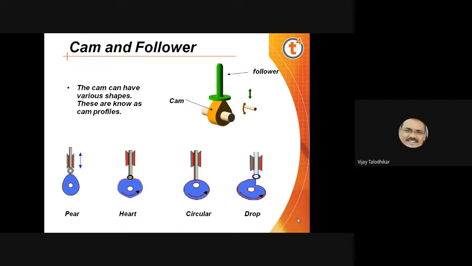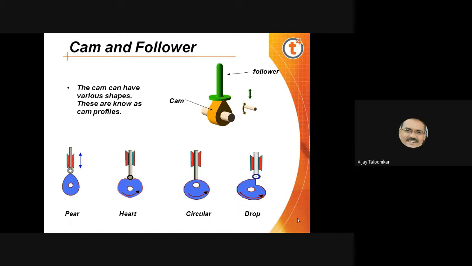One is in the form of a plate, just like a normal cam, called the plate cam. The cam may have the shape of a heart, so it is called a heart cam. The cam can be a circular one, so it is known as a circular cam. That's why it is used as a cam follower mechanism.